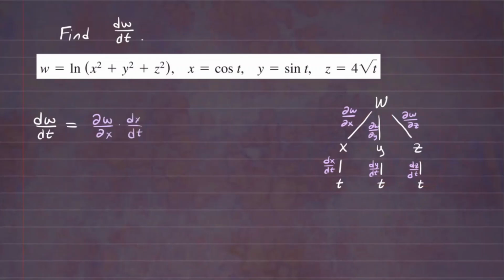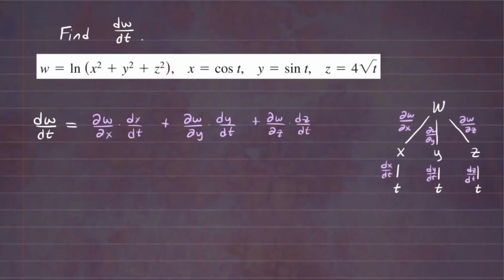So that's the first path we took, plus now the partial w with respect to y times dy dt. So that's the path right here, right in the middle. And then the last path, it's going to be partial of w with respect to z times dz dt. So that's how you again rewrite the formula.